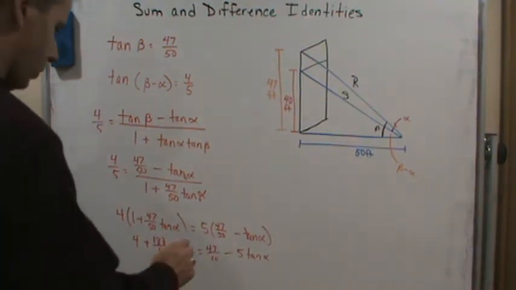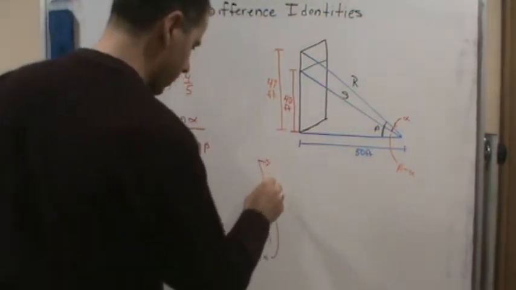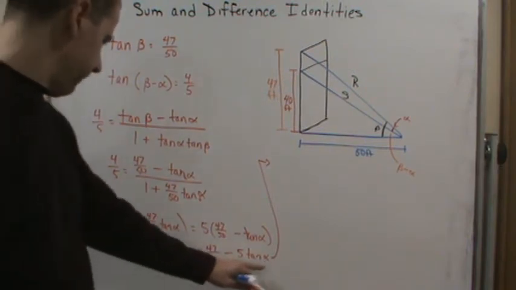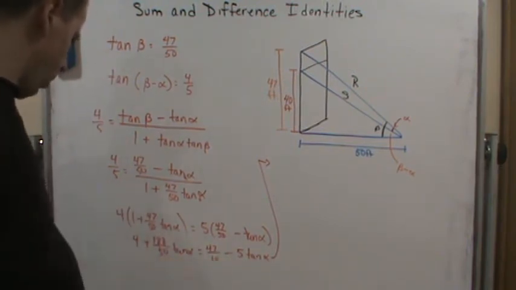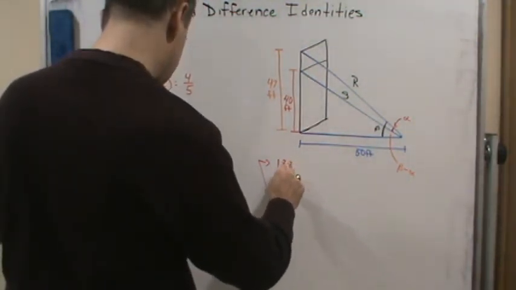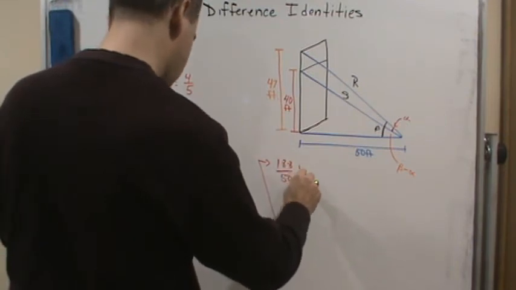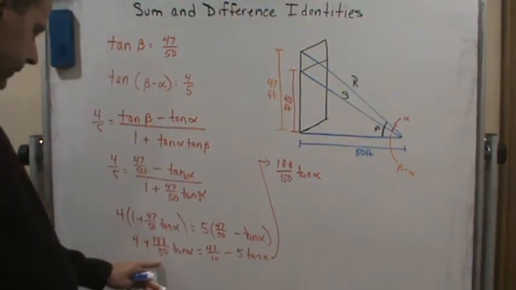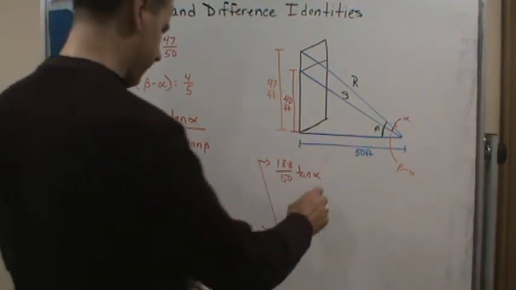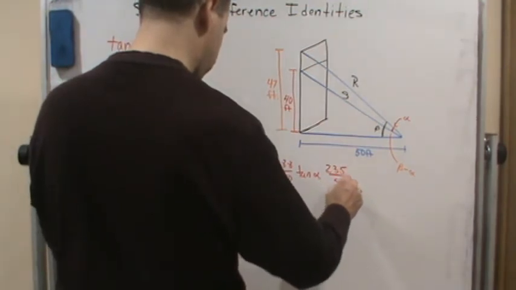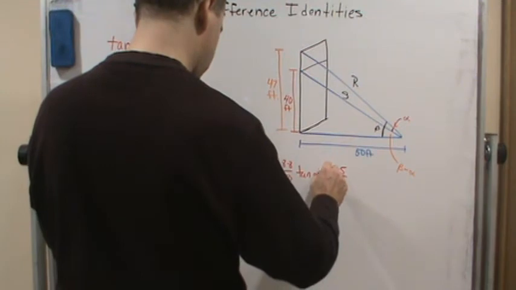So now I'm going to add this to both sides and subtract 4. So I'm going to move everything around here. So now it's going to become 188/50 tangent alpha, and I'm going to change this to 50. So this will be 235/50.